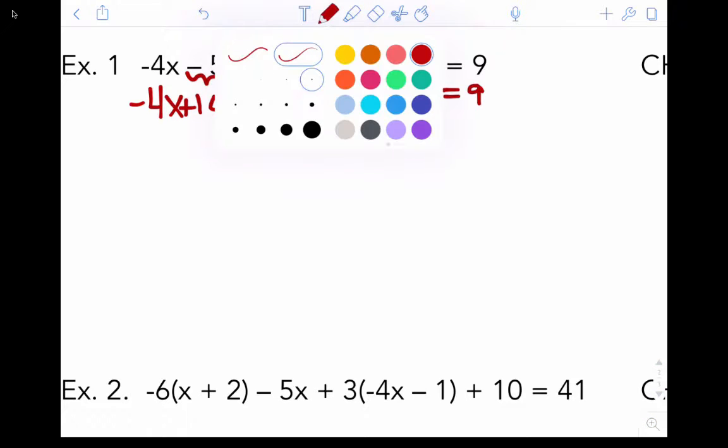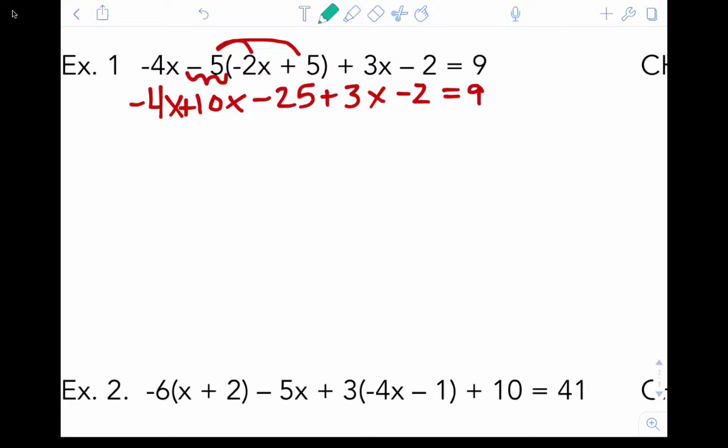My next step tells me that I need to combine like terms. So I'm going to combine all of my x's. So I have negative 4x plus 10x. So negative 4 plus 10 is positive 6.